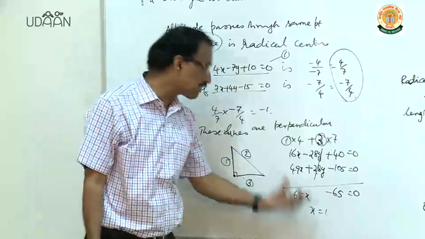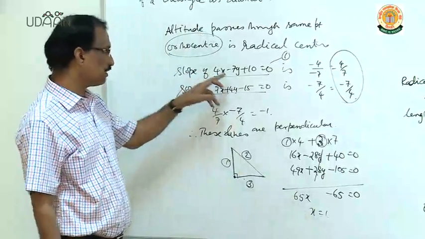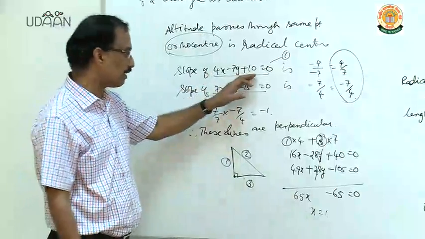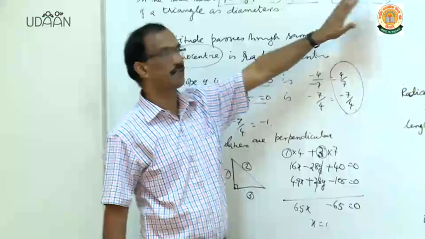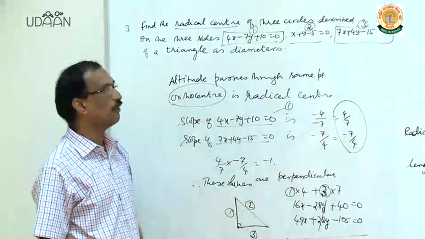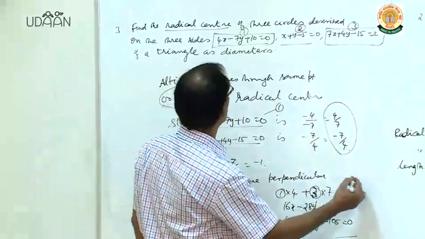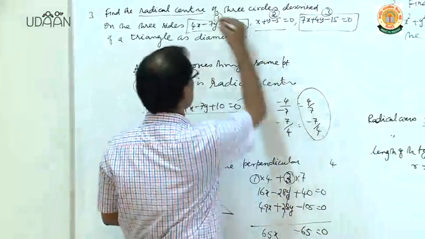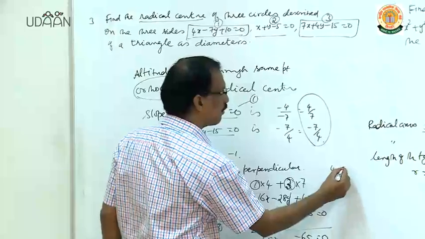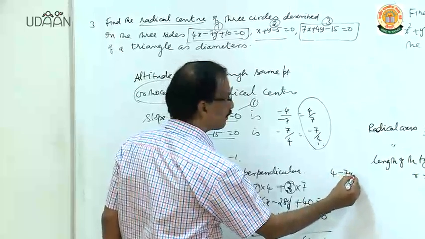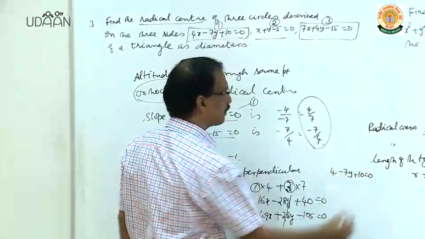With the value of x equal to 1, put it in any one of these equations, either 1 or 3, to get the value of y. If you are substituting in the first one, 4 minus 7y plus 10 equal to 0.